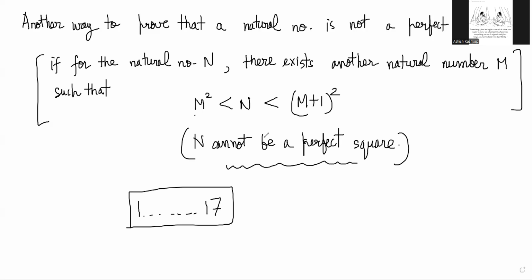But here, if the number is given properly, you can find another number M for which M square is less than n and (M plus 1) square is greater than n. If n lies in between those two, then n cannot be a perfect square.